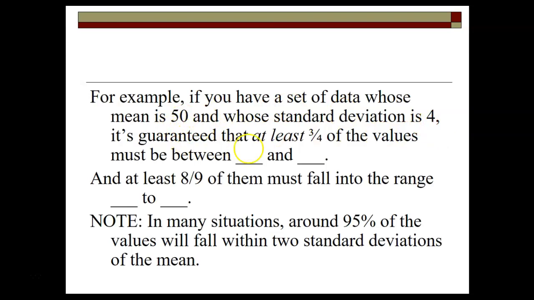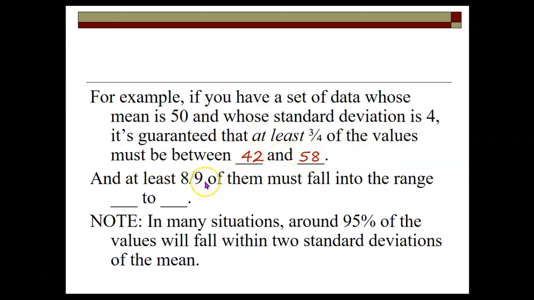Between 50 minus 8, which is 42, and 50 plus 8, which is 58. So you're absolutely guaranteed to have at least 3/4 of your data values, maybe more than that, but at least 3/4 of them between 42 and 58. There can't be very many of them that fall outside that range.